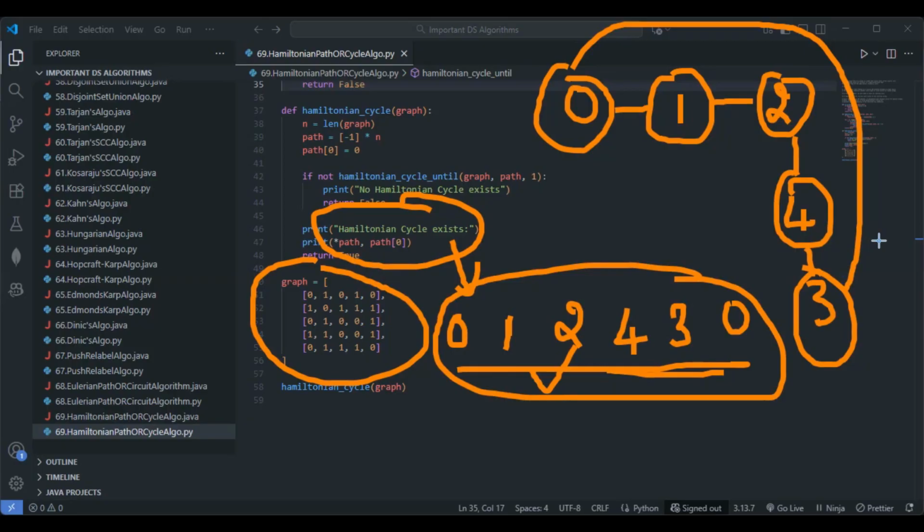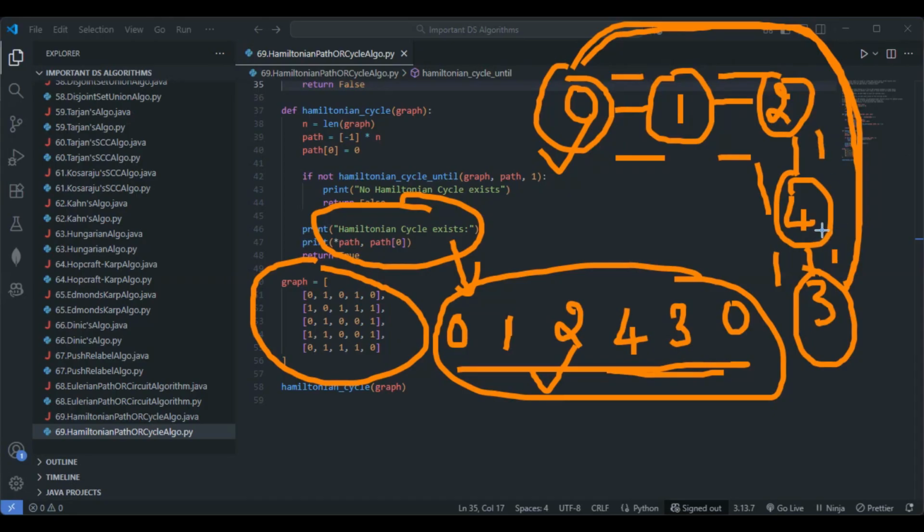So here we are starting at the vertex 0, then 0 to 1, 1 to 2, 2 to 4, and 4 to 3. And then finally we return to 0, completing the cycle. So this forms a cycle. Each vertex is visited exactly once, right?